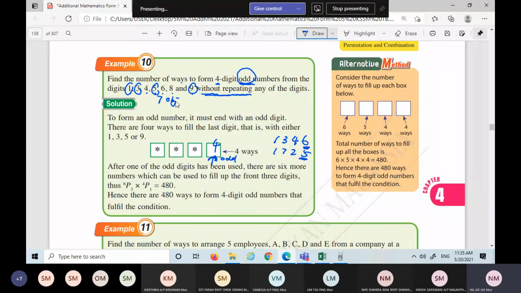So after I put in 1 digit, 7 left 6. So 6 choose 3, 6P3 times 4. Finish. The 4P1 is 4 choose 1, same thing. You can just write 4 also. If you press 4P1 on the calculator, it is also 4. So this is how you get the answer.